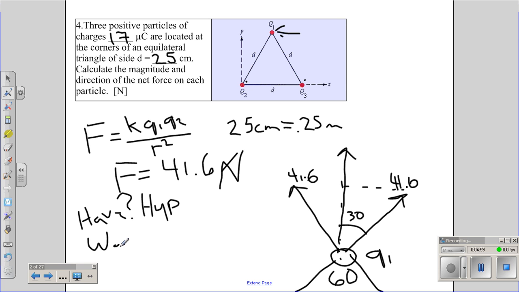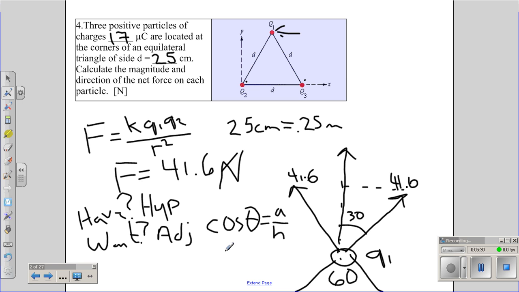So what do we want? Adjacent. Now think about which trigonometric function correlates hypotenuse and adjacent together. That would be cosine. Remember that cosine of theta equals adjacent over hypotenuse.